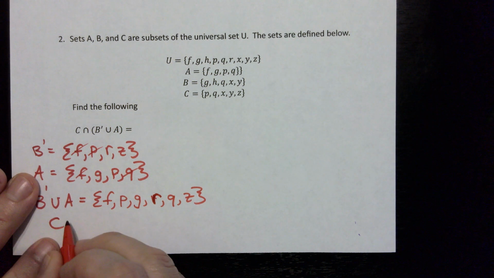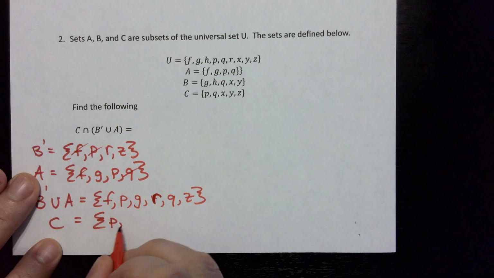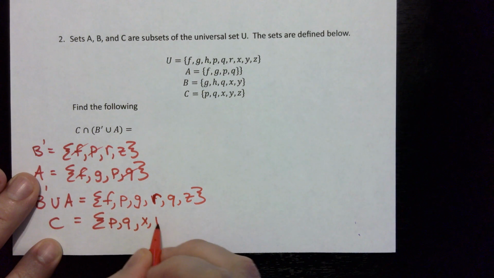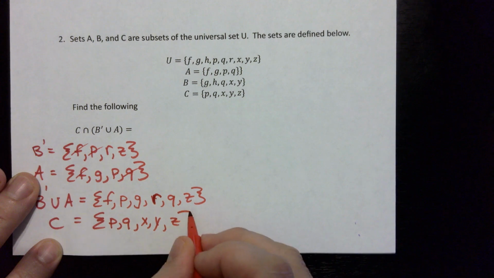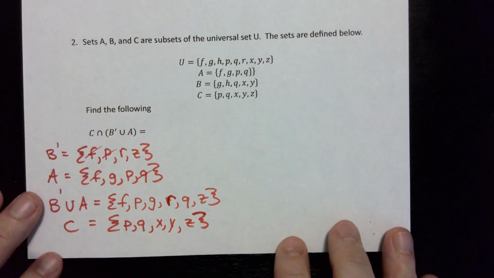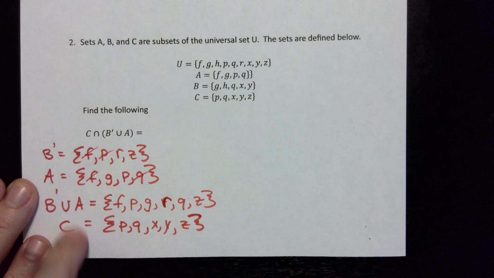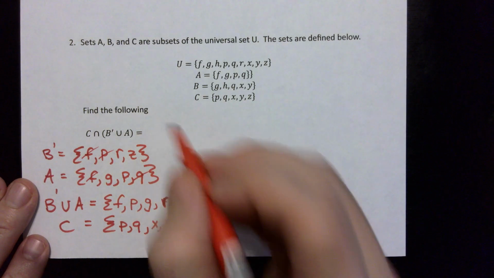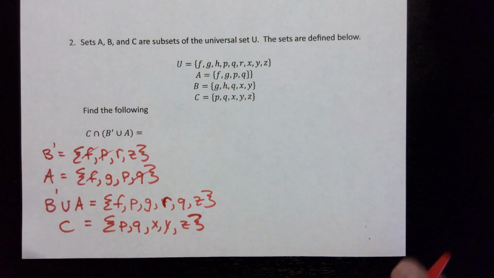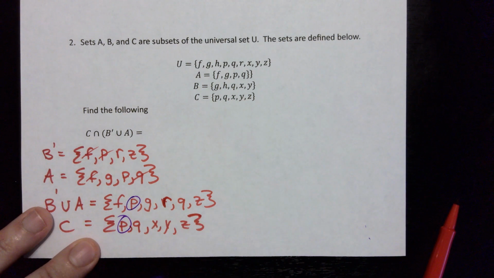Let's write down C real quick. It's P, Q, X, Y, Z. We intersect these two, which means we only write it down as our final answer if it shows up in both. So let's mark the things that show up in both. The P's.